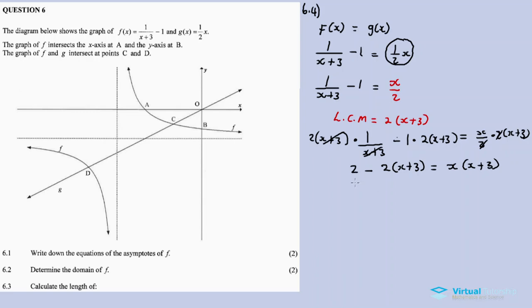Then we simplify, it's just basic algebra. So it's 2x minus 2x minus 6 equals x squared plus 3x.